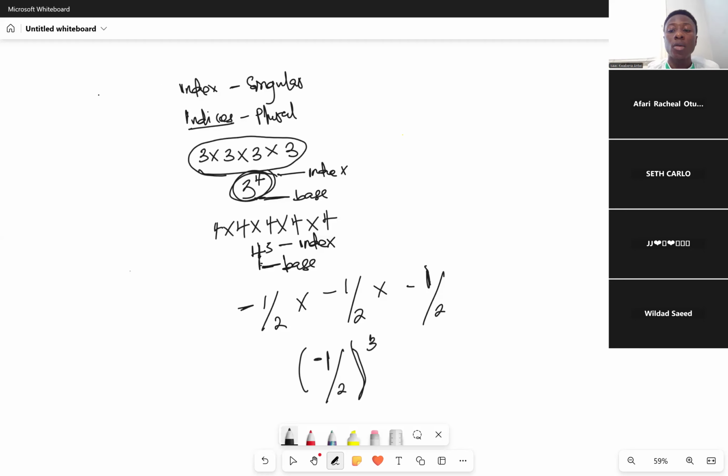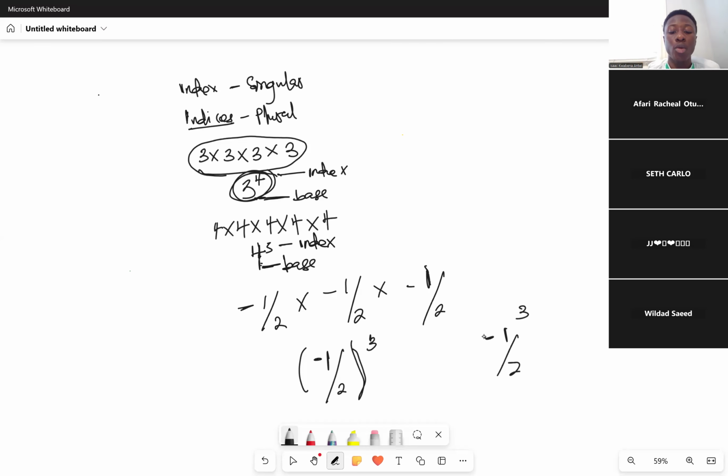Perfect. Now, do you notice how I wrote it? So I deliberately put that in parenthesis bracket, just so the three will cover everybody because it's for all of them. And you will get to appreciate this as we progress. I normally recommend you writing like this than leaving the brackets off and you probably write it like this, negative 1 on 2 to the power of 3.